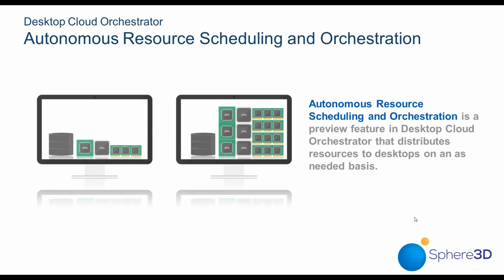One of the really interesting features that we showed at VMworld this last year is a particular feature set of our desktop cloud orchestration software. We call it Autonomous Resource Scheduling and Orchestration, which today is a preview feature, but it allows resources to be deployed to desktops on an as-needed basis.